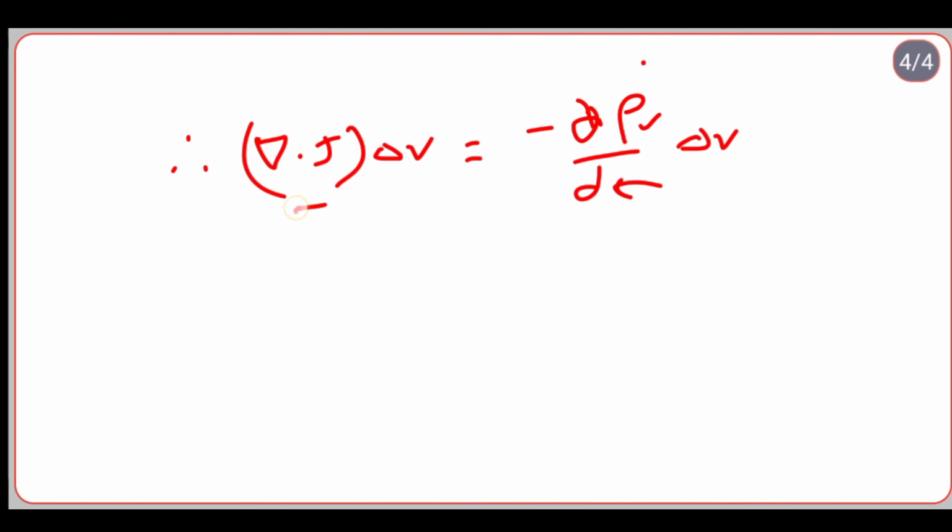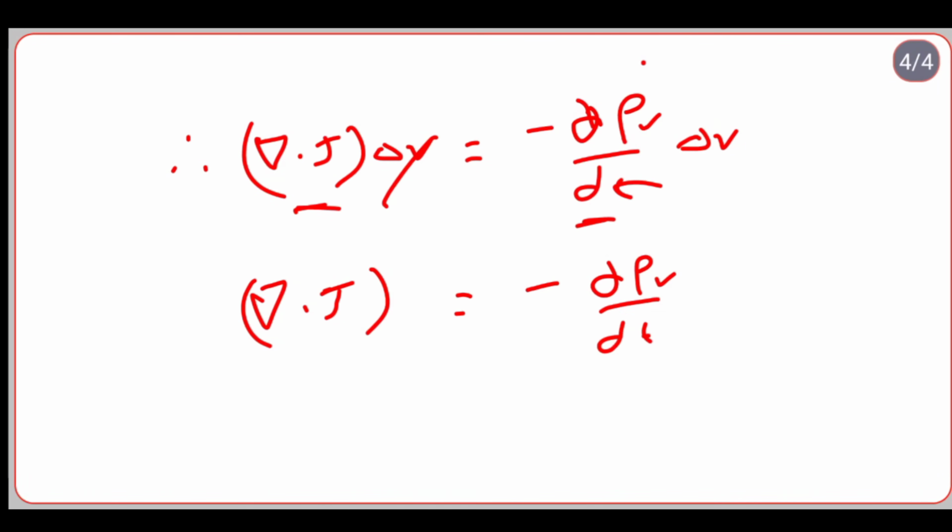Comparing this with the earlier equation, if you cancel delta v on both sides, then del dot J equals minus dou rho v by dou t.